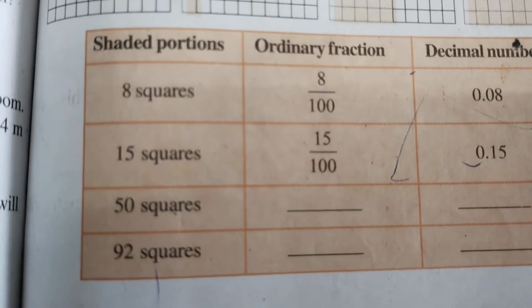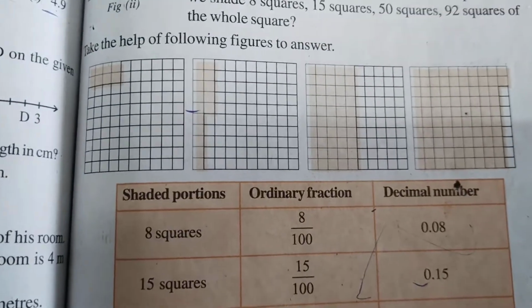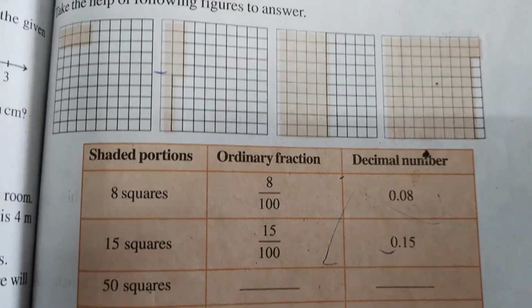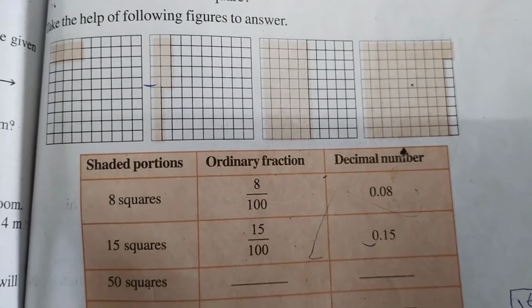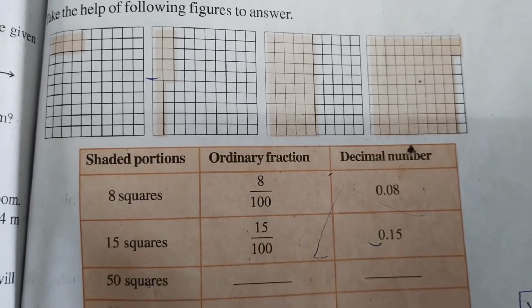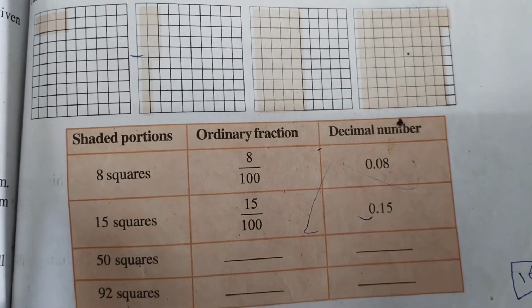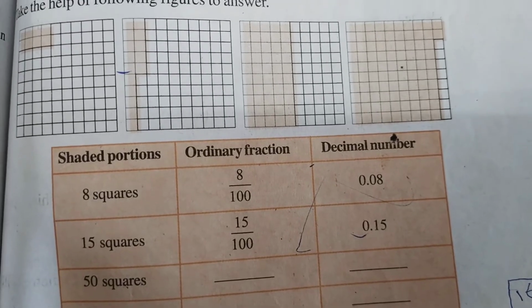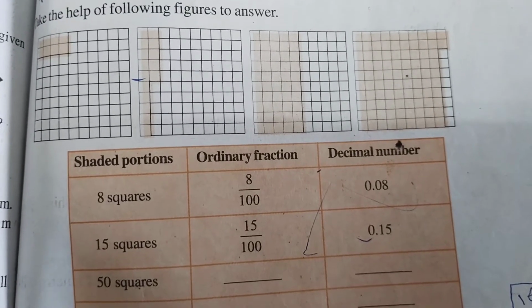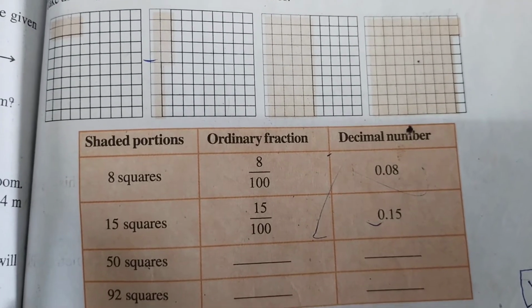Now the hundredths shaded portion. You can see clearly the first square has 100 parts, and in that 8 squares are shaded. So the ordinary fraction we write as 8 by 100, and in decimal form we write 0.08. 15 squares in the second one, 15 by 100, can be written as 0.15.